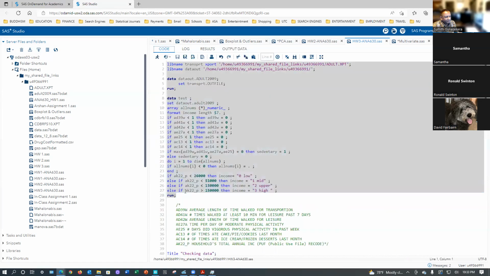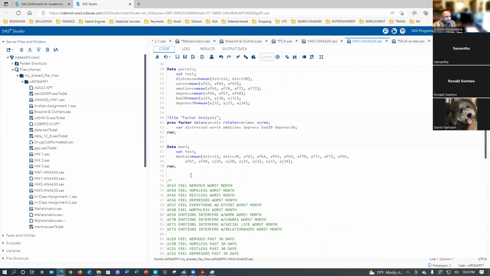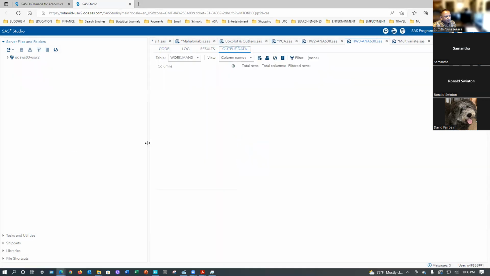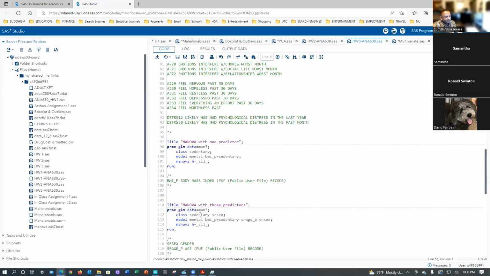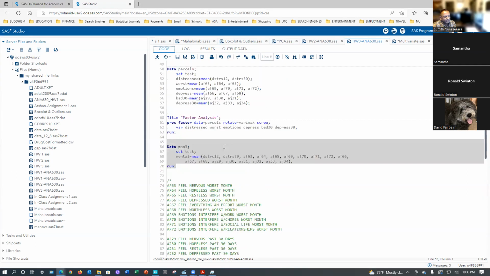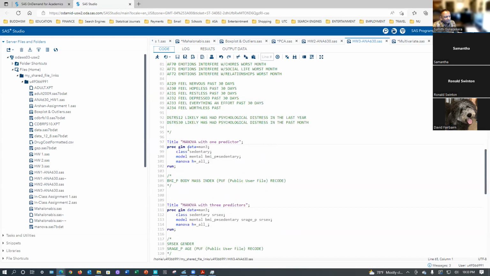That test data. Do we have a BMI? Inside the test, we have that BMI, and sedentary.